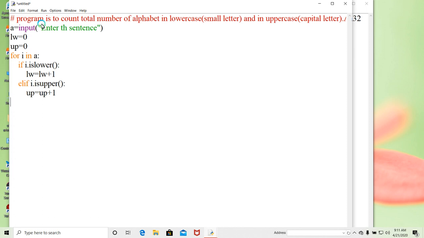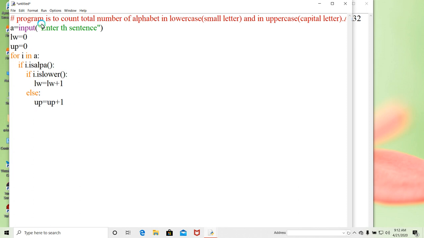But if we want to make it using if else, here I have to do one more thing. I have to check first if I is alpha. Then we have to check this one, and instead of writing elif, here I will write else.